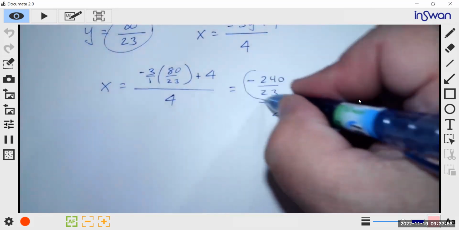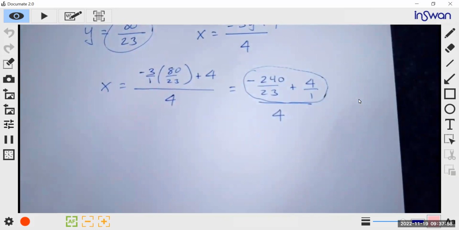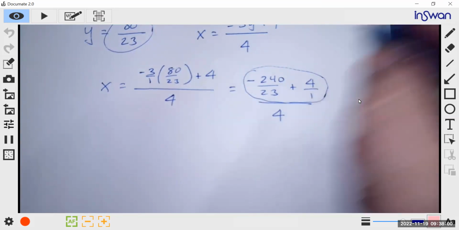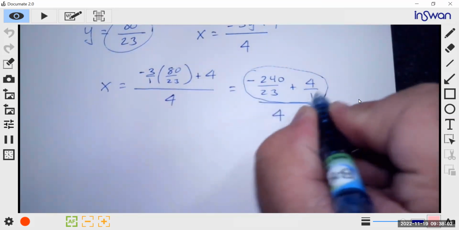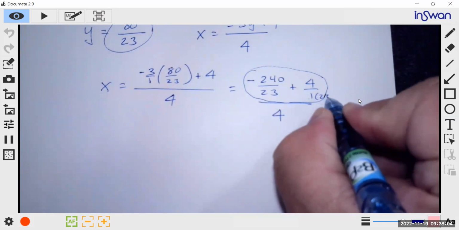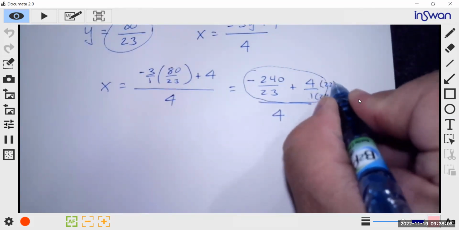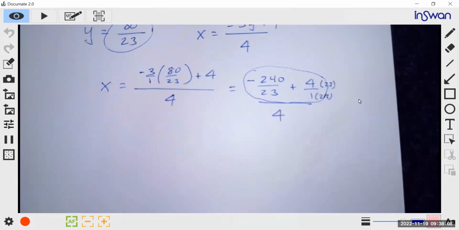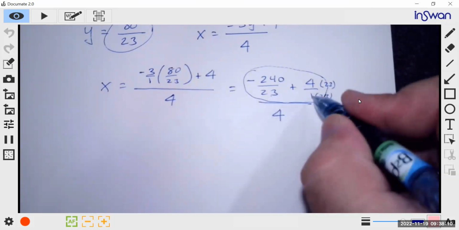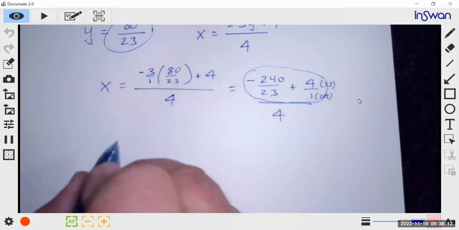We have to combine these two first. Since we have different denominators, this one has 23, this one has 1, so 23 over 23.